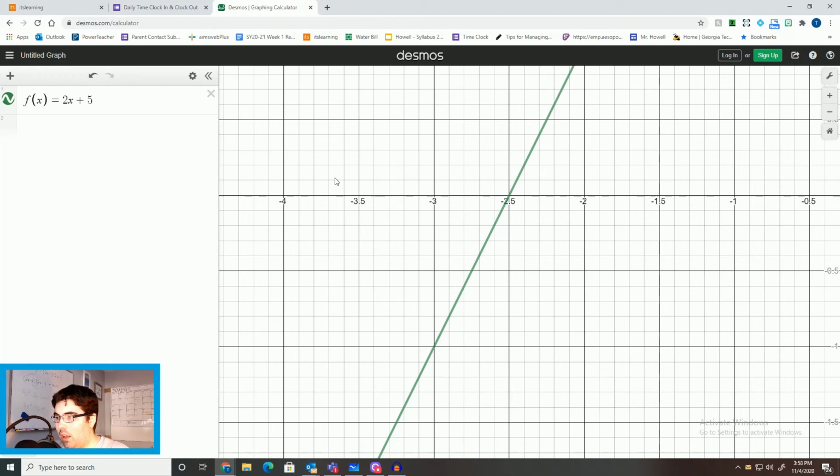To illustrate that, I need to rewrite this function with our y value. So we now have y equals 2x plus 5. Notice the actual line didn't change. And I'm going to change the way this equation looks. So just to remind you, the rule for solving an equation is that you can manipulate numbers and variables on either side of the equation by using the order of operations, PEMDAS, backwards, and by using inverse operations.